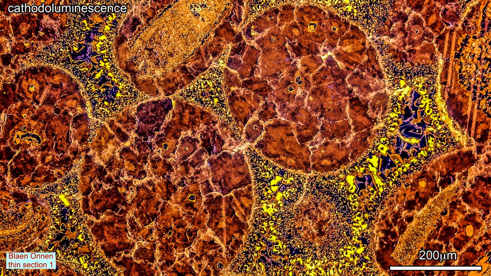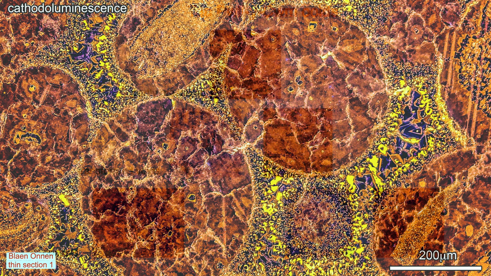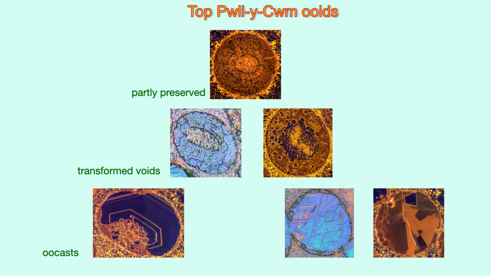Now, some remarks summarizing the Pulthicum samples. Ooids, a few millimeters below the Pulthicum's top surface, are preserved in 3 different ways.